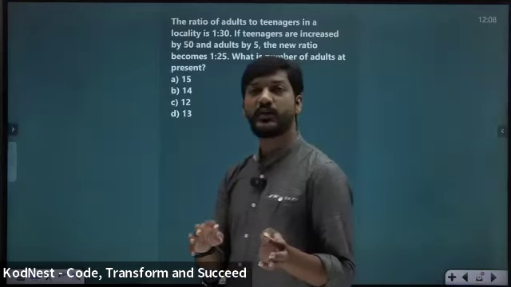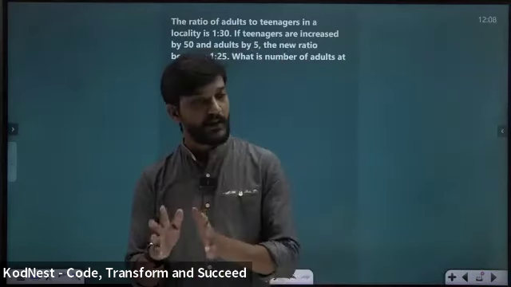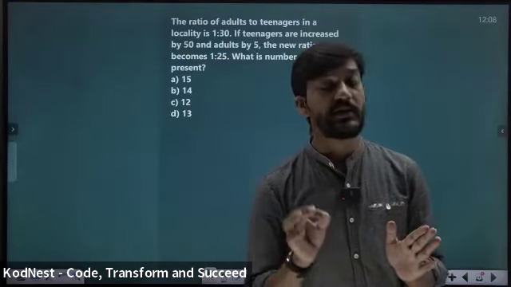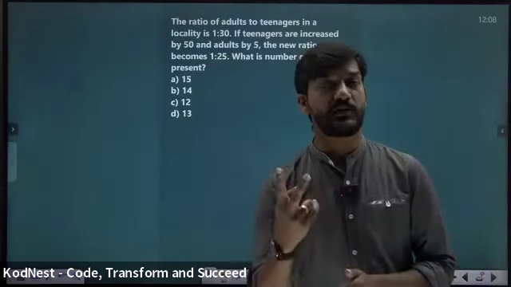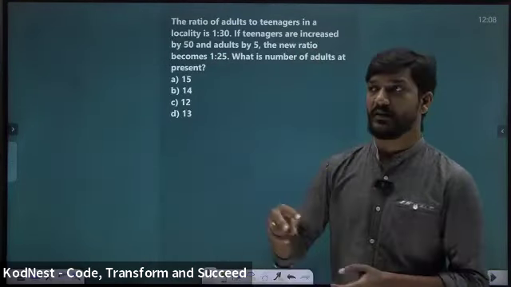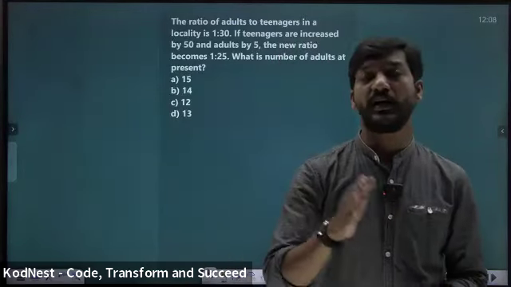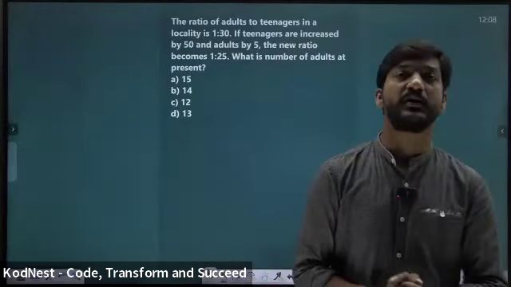A question in which the milk value was constant. That was the first question. A question in which the cement value was constant. That was the second question. The third question was just this income and expenditure. Savings were equal. When savings are equal, what is constant? The difference of income and difference of expenditure will be constant.